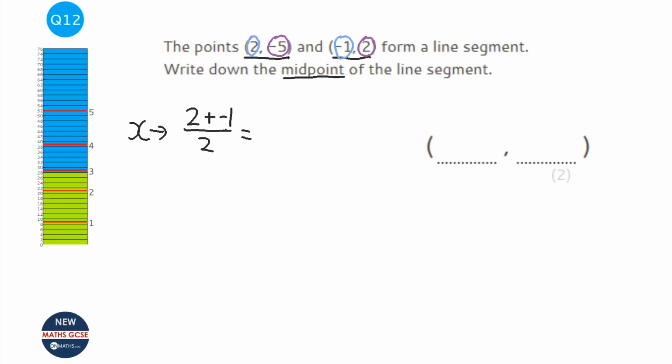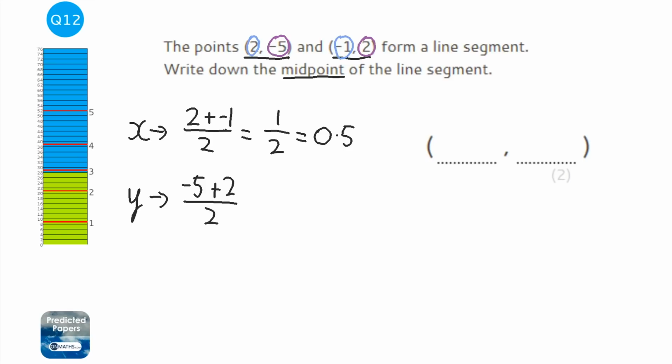So 2 plus minus 1, well 2 take away 1, because the minus will win against plus and a minus. So 2 take away 1 is 1, and divide by 2 is just going to be 0.5, or just a half. The y's, so here we've got minus 5 plus 2 over 2.